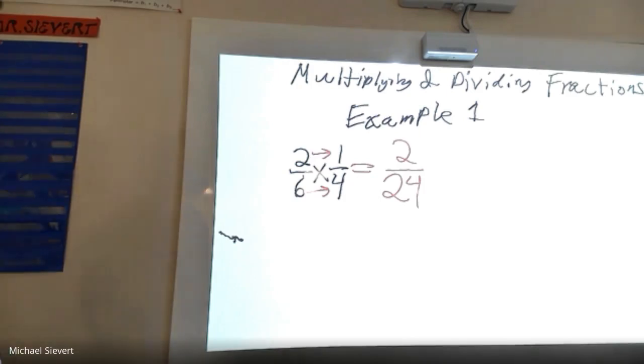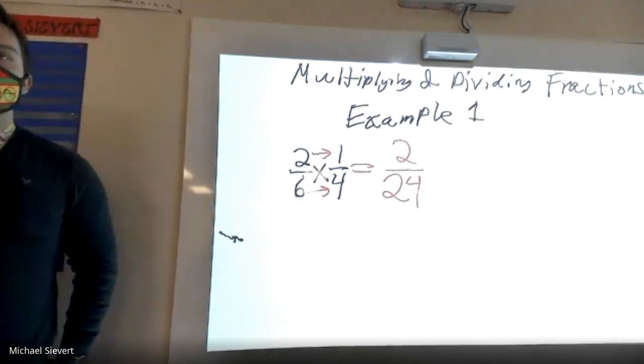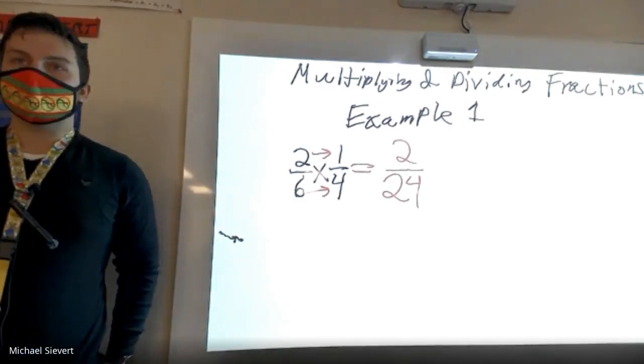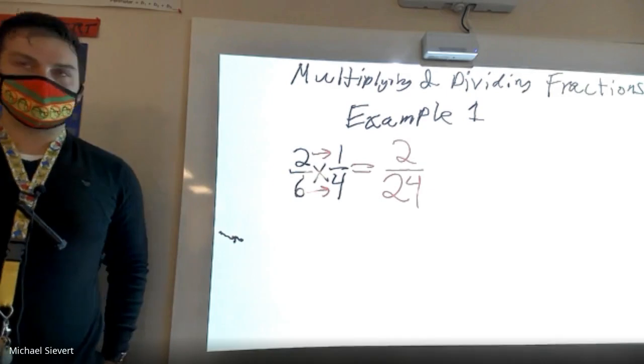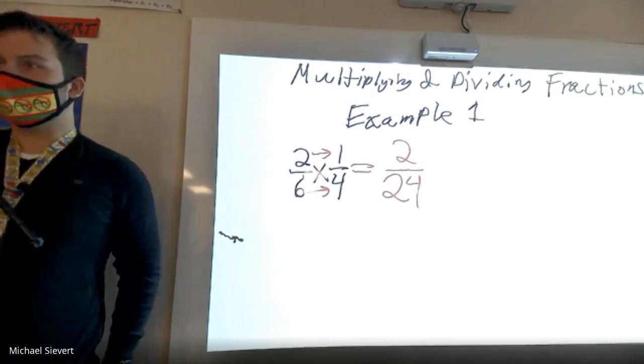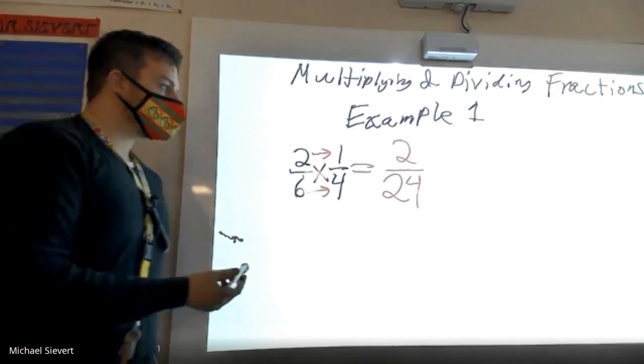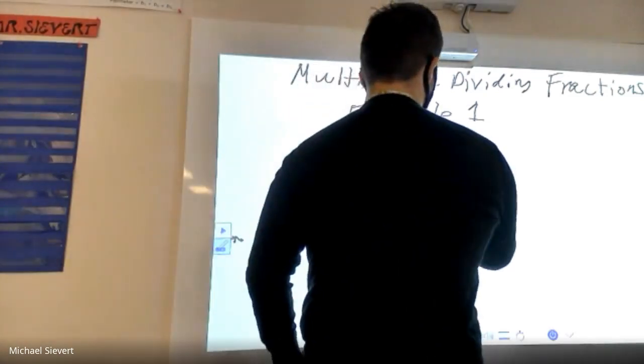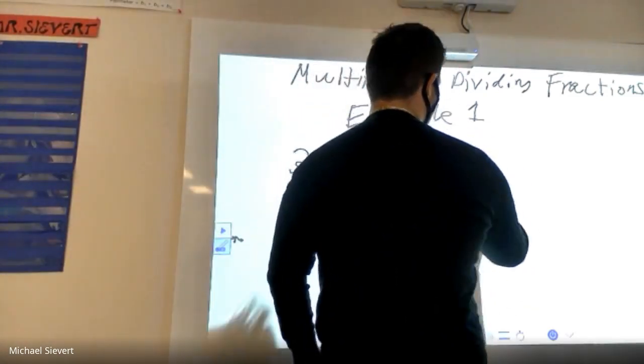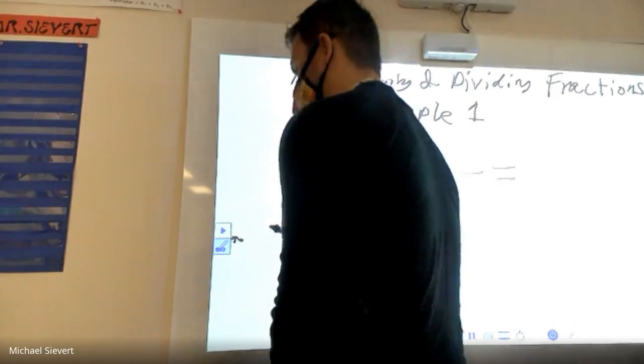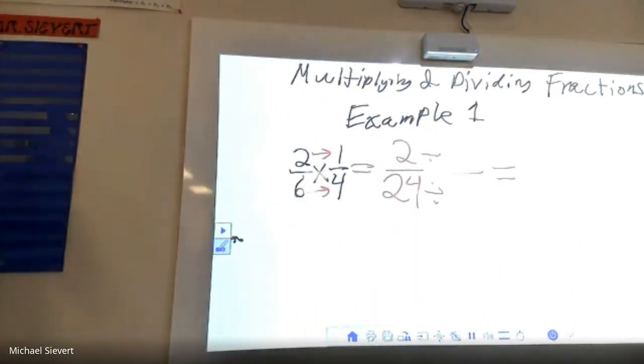All right, nod your head, yes, no. Do you agree with that answer? All right, but then what do you have to do? Because you're all 6th graders, you're all super smart. You know what to do, Zaria? All right, so we got to reduce. What would you reduce by, Taylor? 2. She says 2.